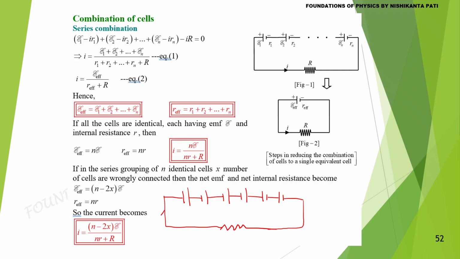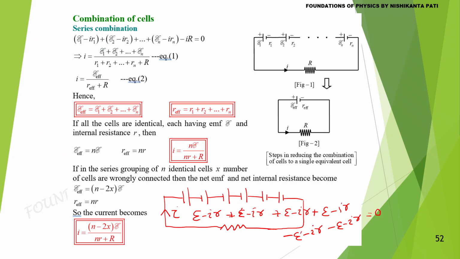Let the current flowing be I. Then applying Kirchhoff's second law to the closed circuit, the first cell gives E minus Ir, plus the second cell E minus Ir, plus the third cell E minus Ir, plus the fourth cell E minus Ir, plus the fifth cell minus E minus Ir, plus the sixth cell minus E minus Ir equals 0.